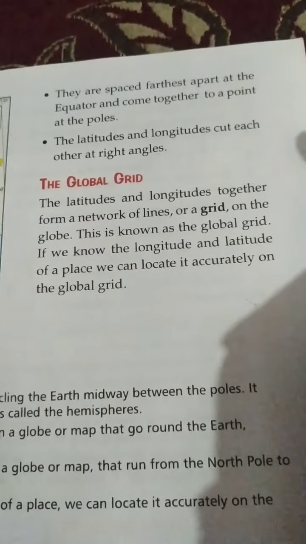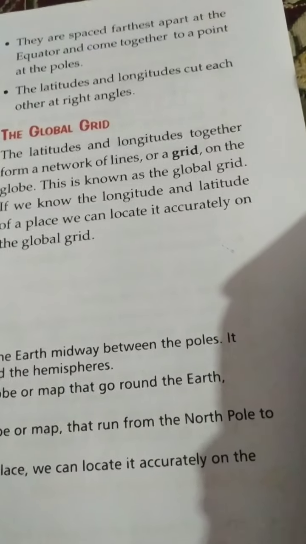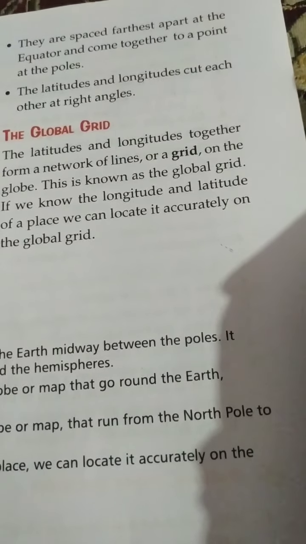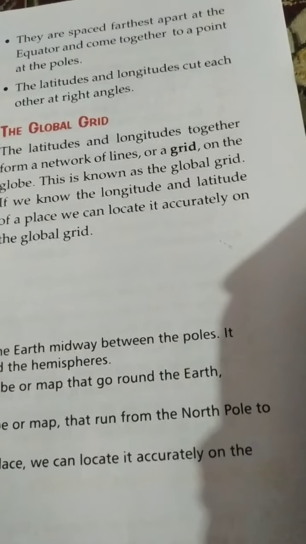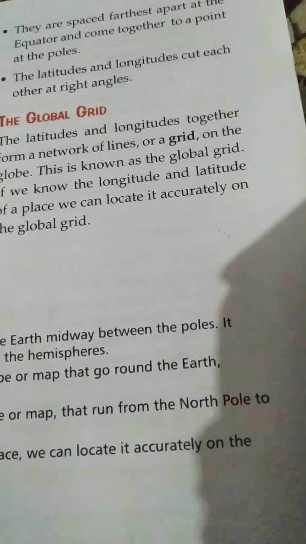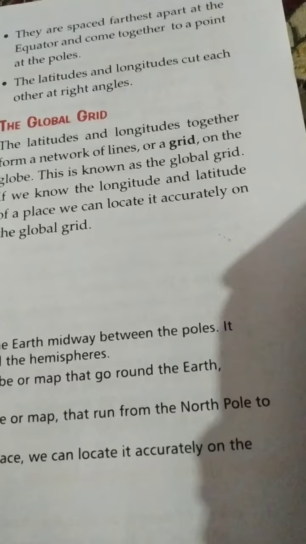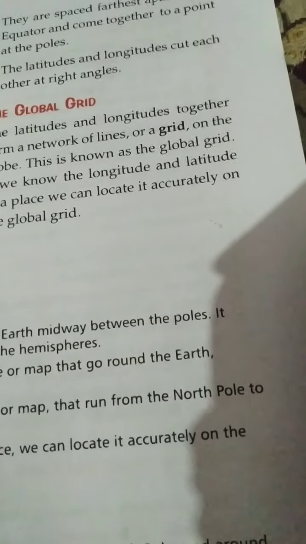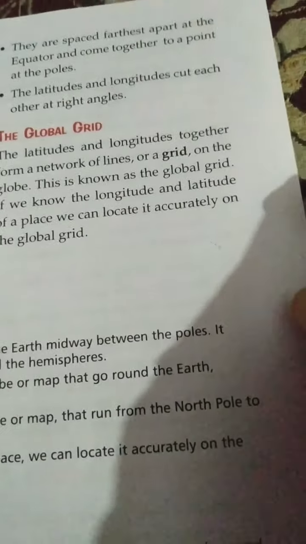They are spaced further apart at the equator and come together to a point at the poles. The latitudes and longitudes cut each other at right angles.